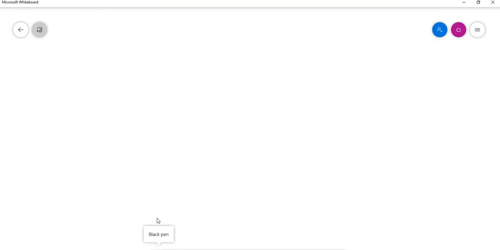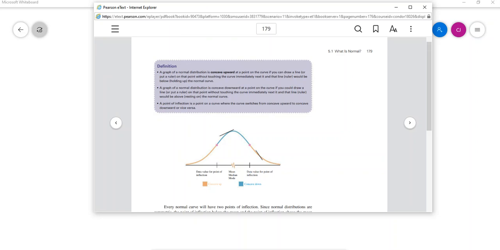Let's see if this works. If I can draw. And again, I'm trying to learn this stuff, so nope, it doesn't work on here.